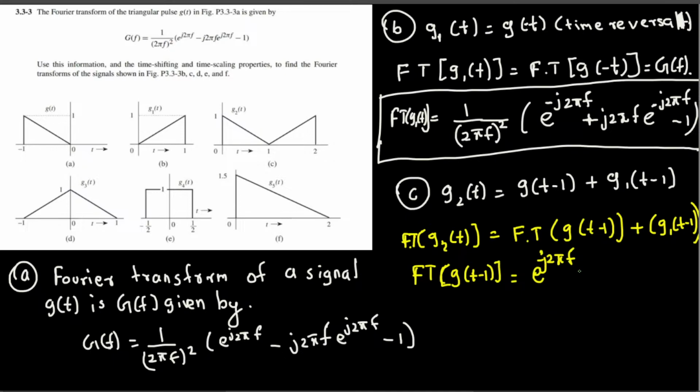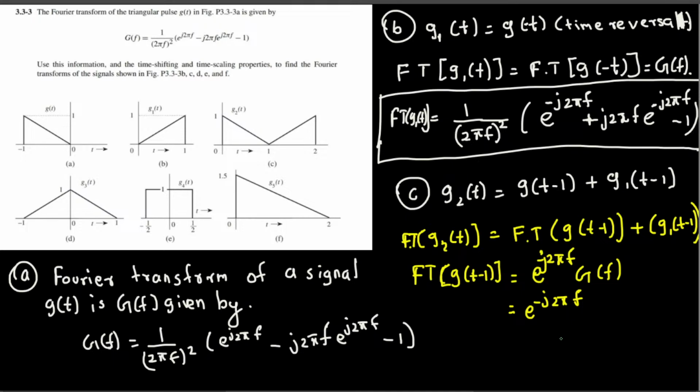And if you multiply that with the Fourier transform of g(t), you will get g(t−1). So now we can write the whole thing: e^(−j2πf), and the Fourier transform of g(t) is right here, 1 over (2πf)² times (e^(j2πf) − j2πf e^(j2πf) − 1).